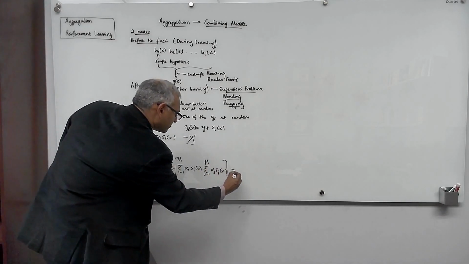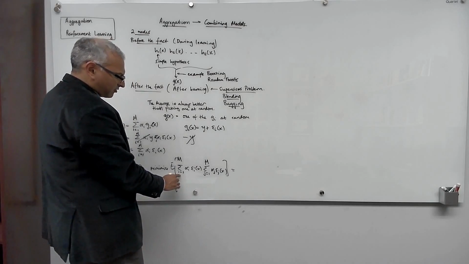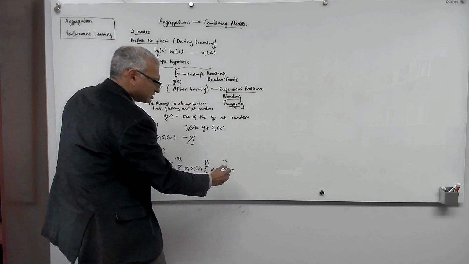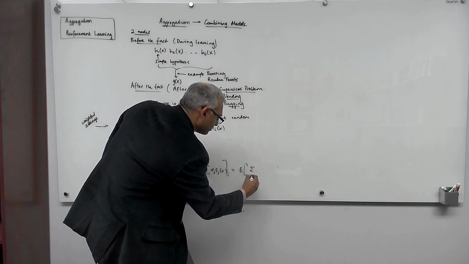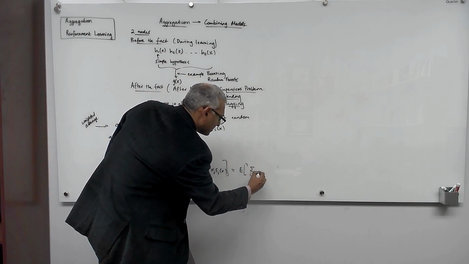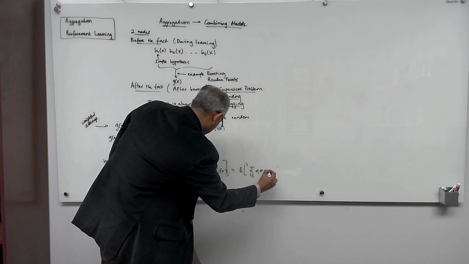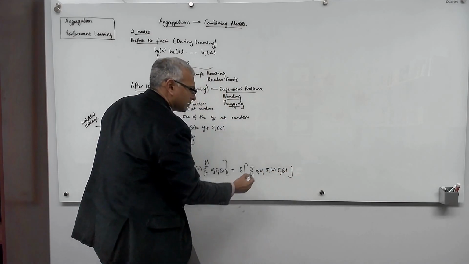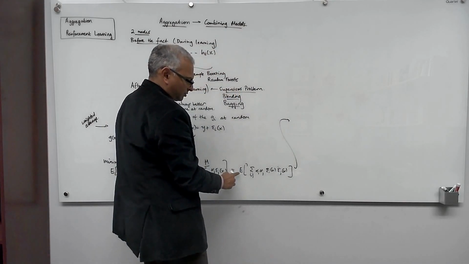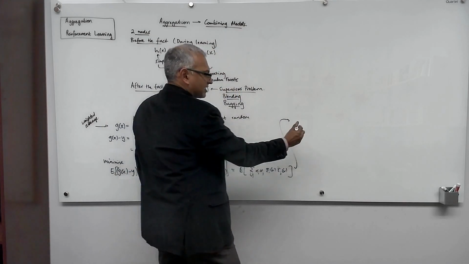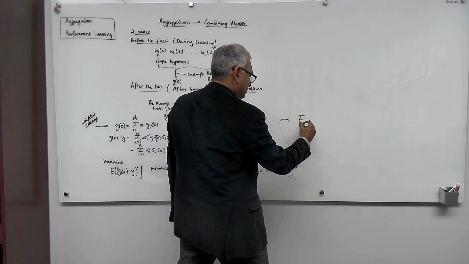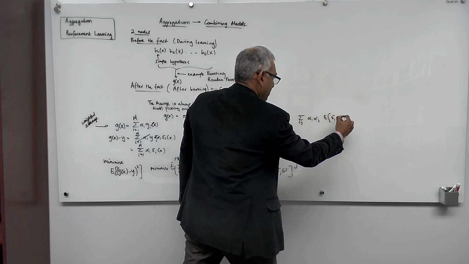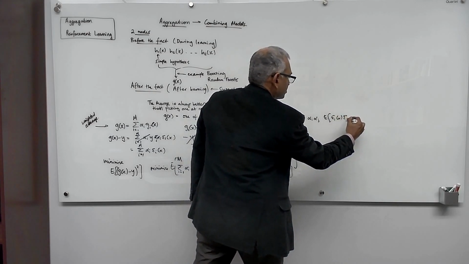So it's the expected value of the sum over i and j of alpha_i alpha_j epsilon_i of x epsilon_j of x. Then I can take the expected value inside the sum, so that's equal to the sum over i and j of alpha_i alpha_j times the expected value of epsilon_i of x epsilon_j of x.